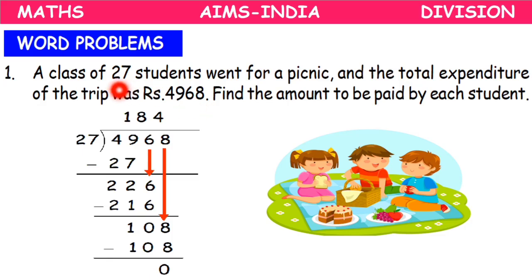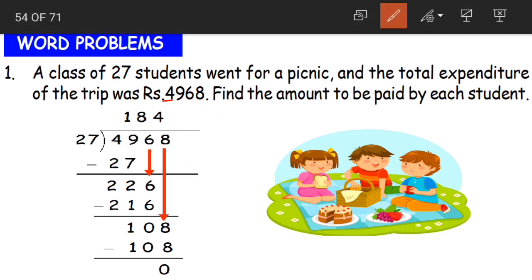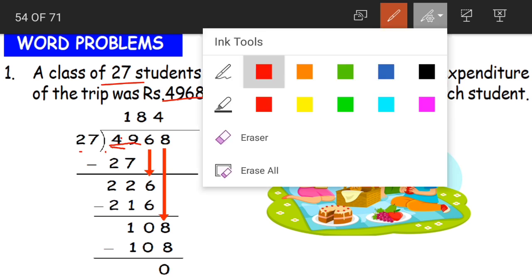Yes, children, for 27 students it was 4968. So for one student it would be how much? Yes, we need to divide 4968 by 27. So if you take only the first digit 4, it will be less than our divisor. So taking two digits together, 49.